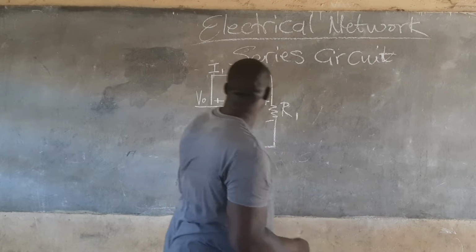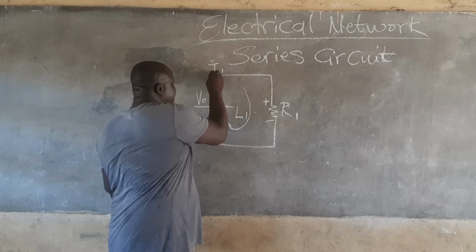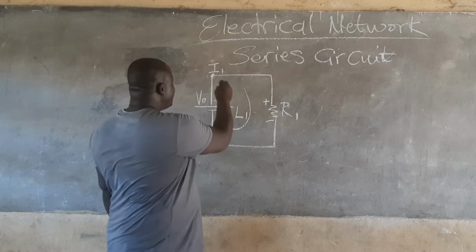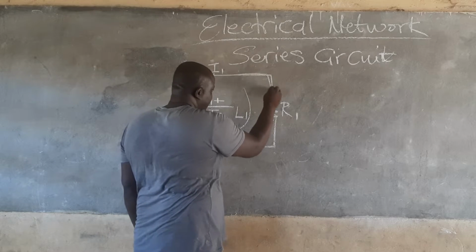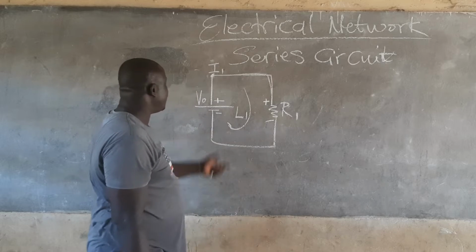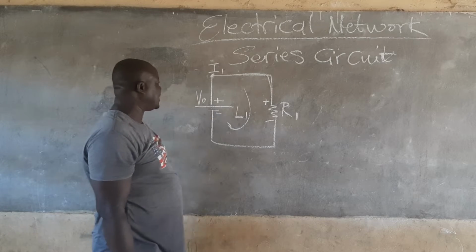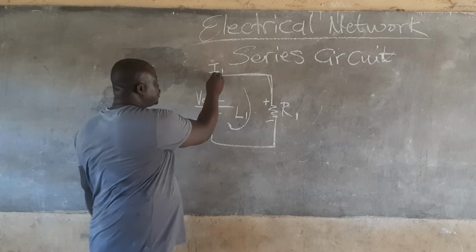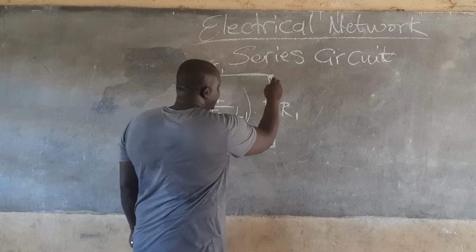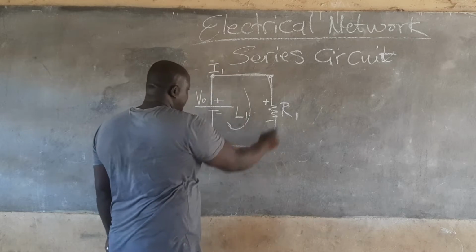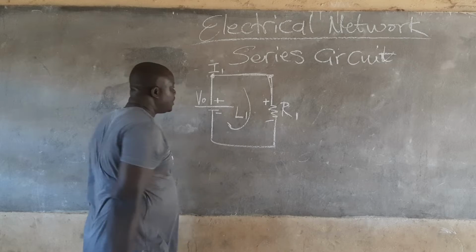The reason is, when we start from somewhere here and move along the circuit, we end up where we started, because there is no other path that the current will go when we are moving around this circuit.